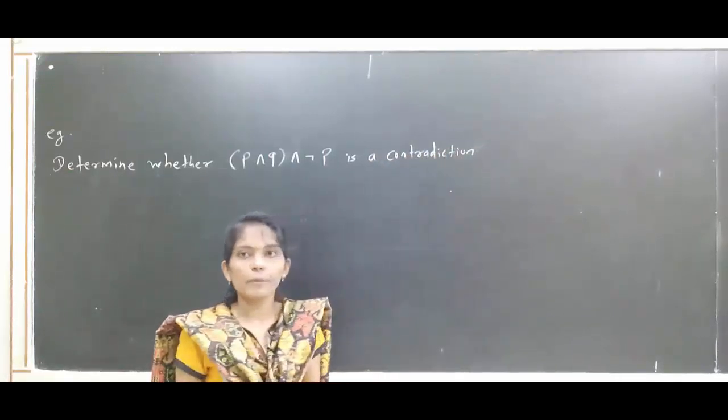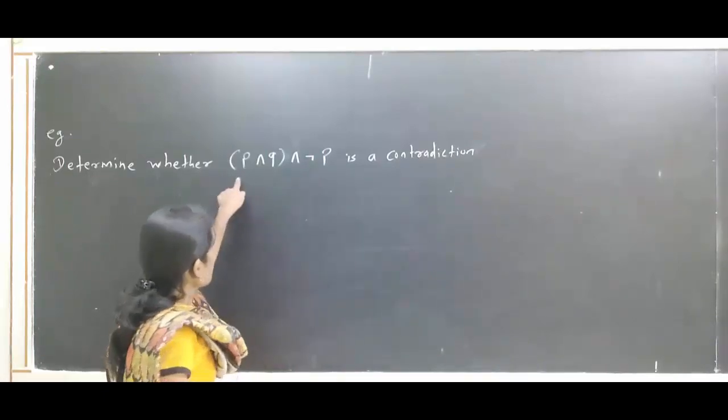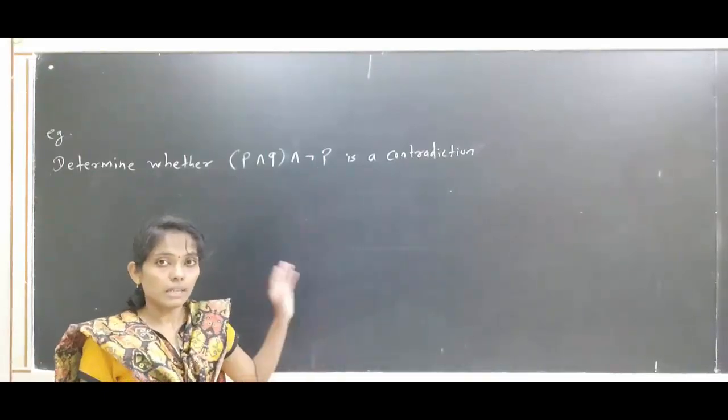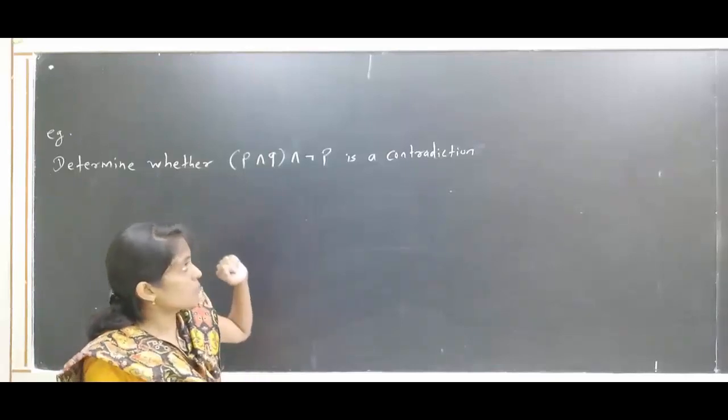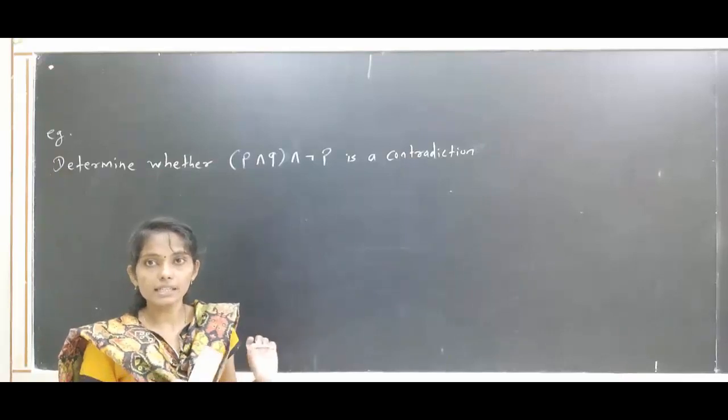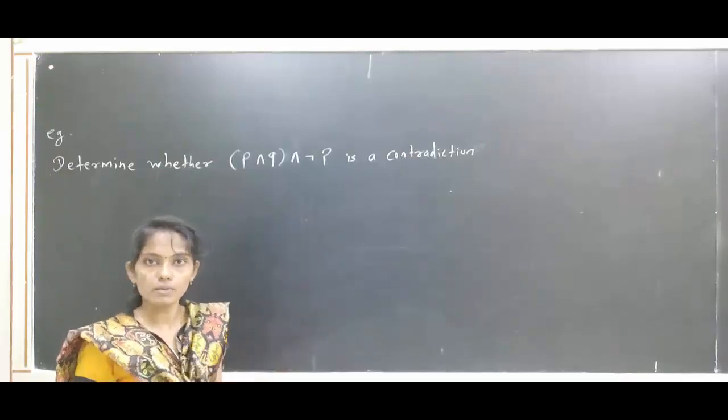So here the compound proposition is given, P and Q and negation P. And here we want to check whether this compound proposition is a contradiction or not. Contradiction, that is its truth value is always false.